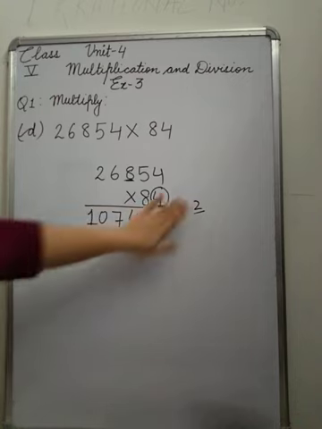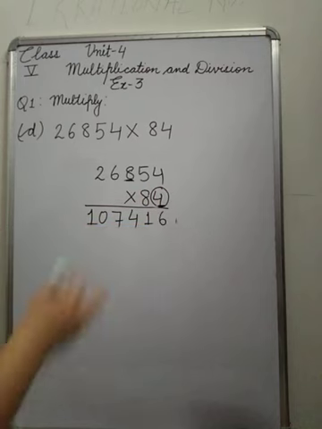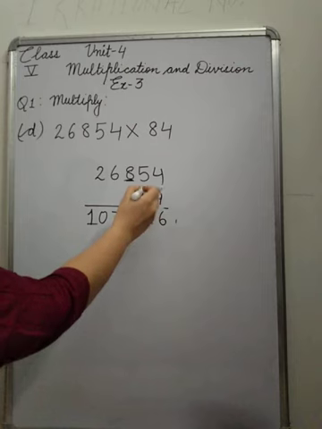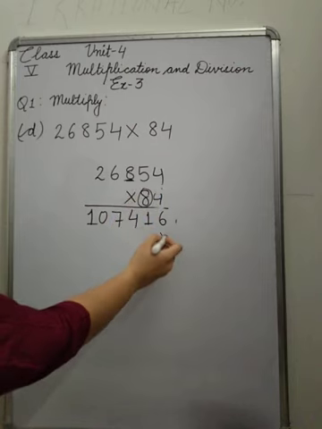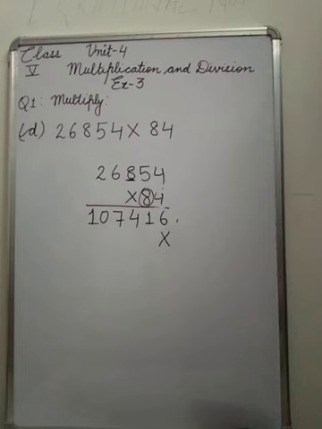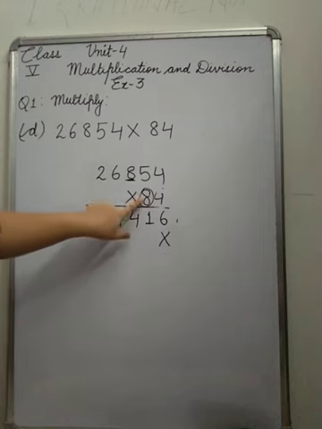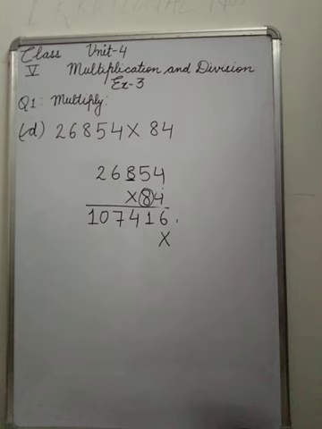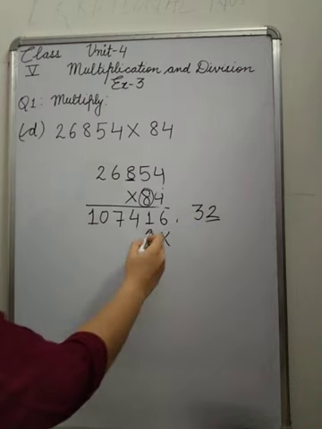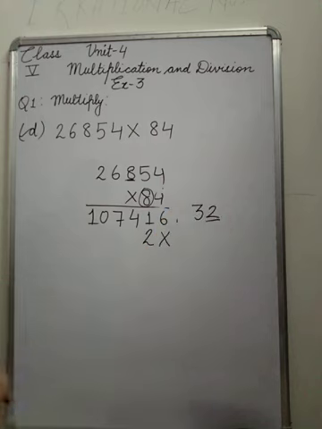Done. So multiplication with 4 is done. Now we will take the tens position, that is 8. Firstly place the multiplication sign here. Now do the multiplication one by one. 8 4s are 32. Write in rough, 2 here, 3 is carry.